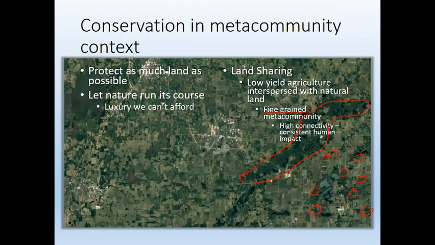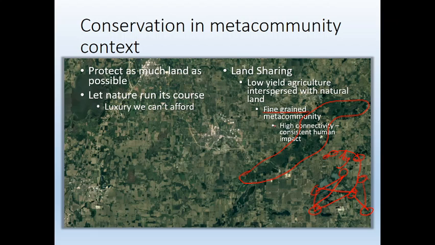Since all these little forest patches here are pretty close to each other, and the agriculture in here isn't that intense, you would have high connectivity of all of these patches being connected to each other, right?